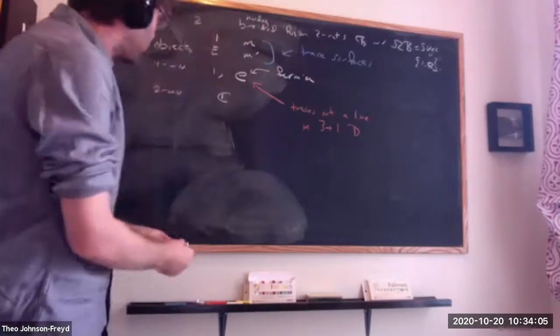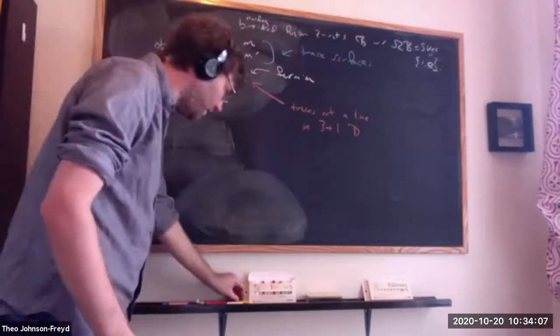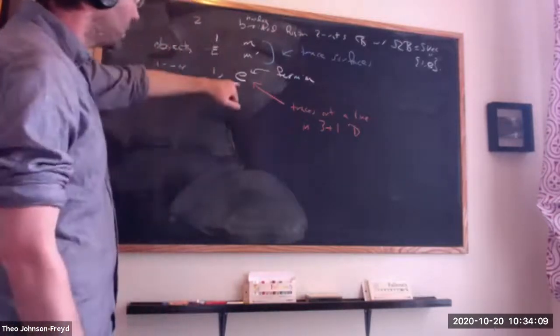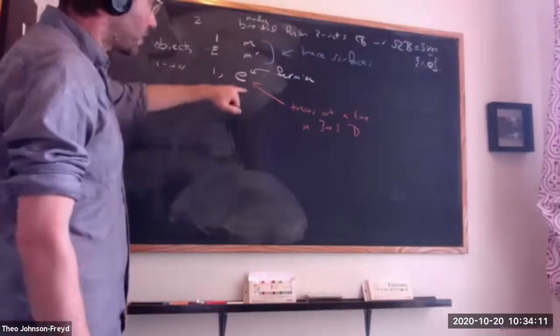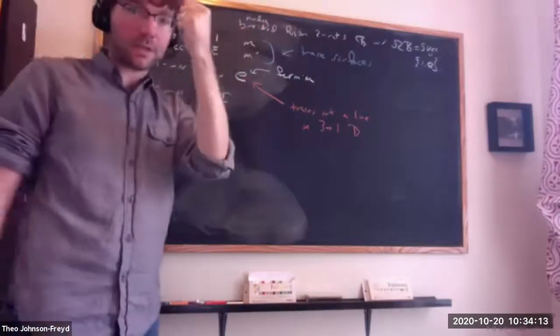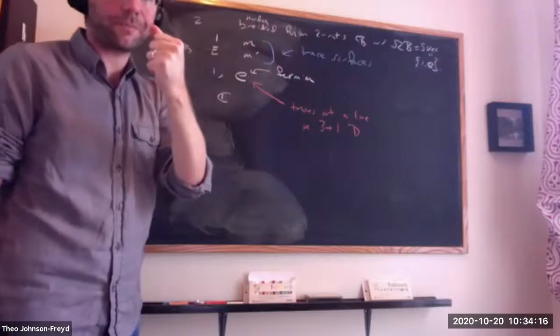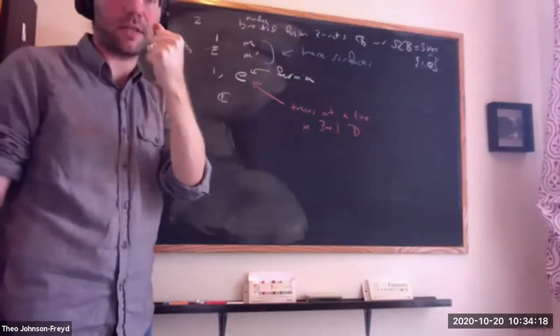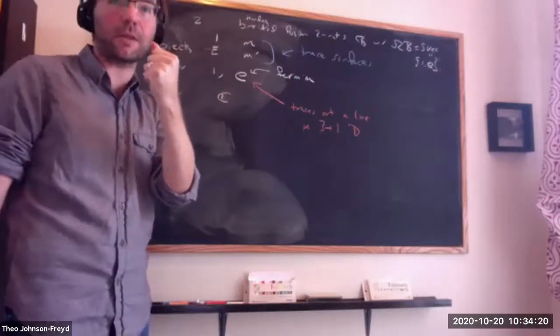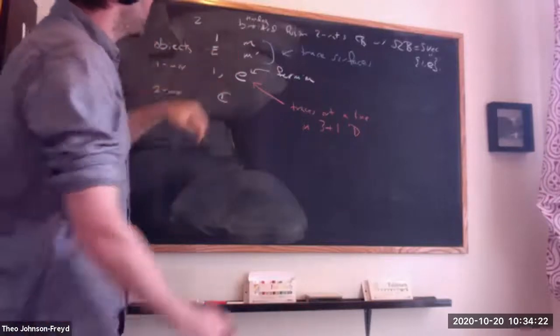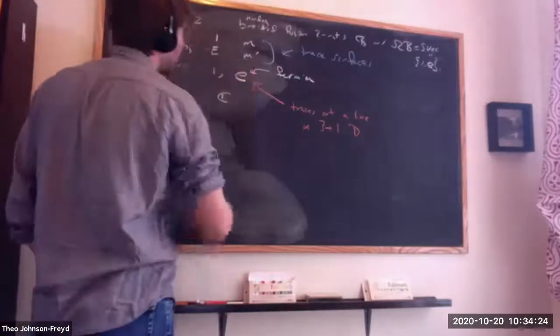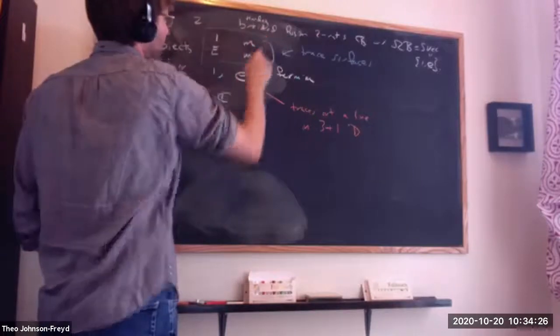What I wanted to tell you is how to see the difference between these two guys. So this line here is an electrically charged particle under a sort of Z2 gauge group, is how you should think about it. These two guys trace out surfaces.